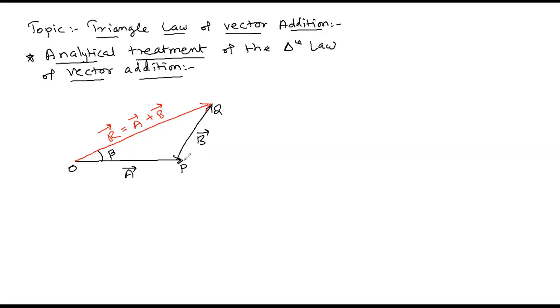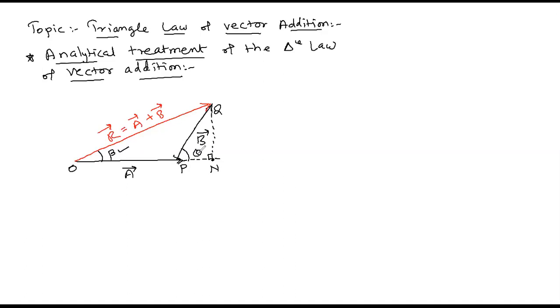Now I will extend this OP and draw a perpendicular from this Q to the extended OP. Here the angle is theta. And this perpendicular foot I'll name N. Now here, maximum students will understand this beta. This is nothing but the angle made by the resultant vector, that is OQ, with the vector A, or you can say with OP.